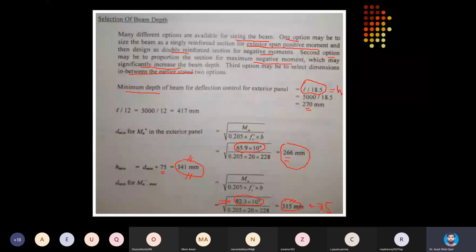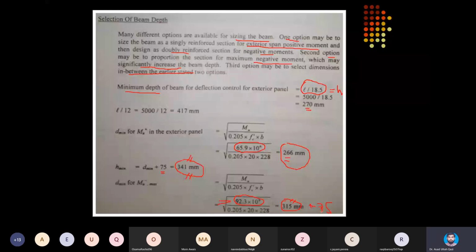So effective flange width BF is selected here because at sections 4 and 5, where the tension is at the bottom and compression is at the top, we want to know how much of the flange width will be considered as integral part of the T-beam. So there are 3 recommendations from code, and out of them the least, minimum, will be selected to fix the BF.